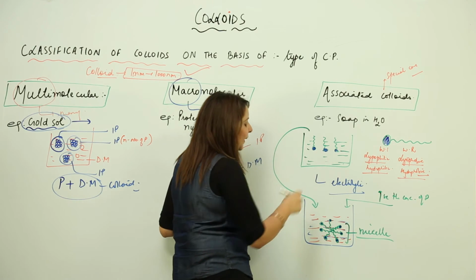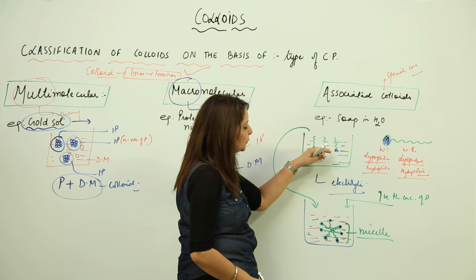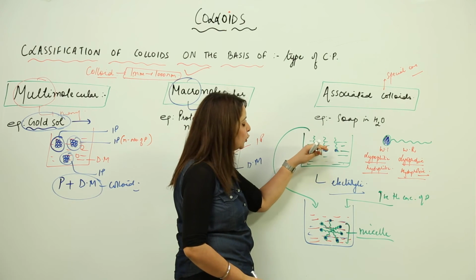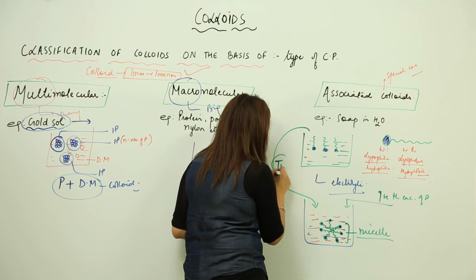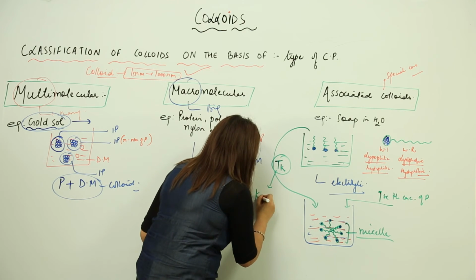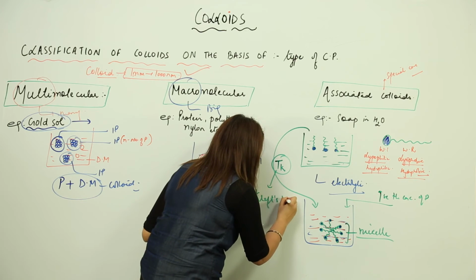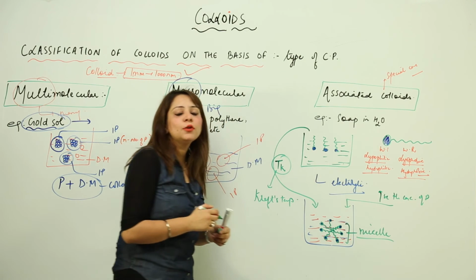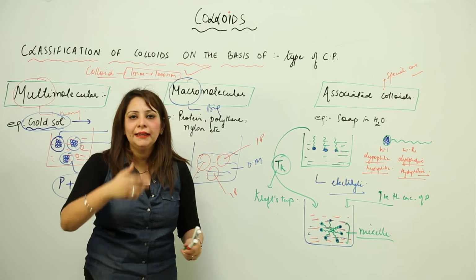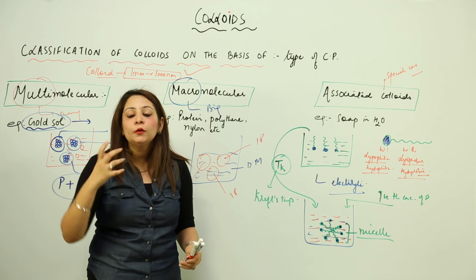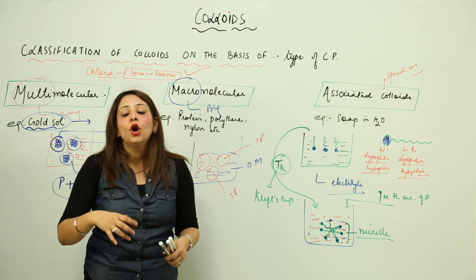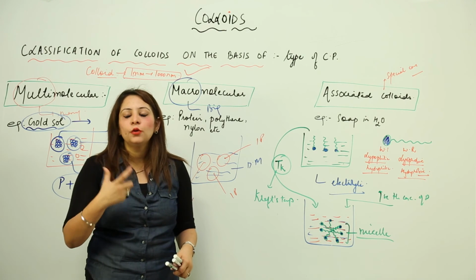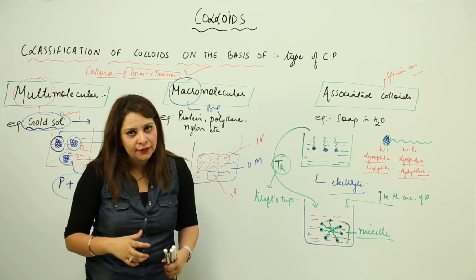The temperature at which these particles, initially behaving as an electrolyte, convert into a micelle, that temperature is called Tk. What is Tk? It is Kraft's temperature. So if somebody asks you about Kraft temperature, just say that it is a temperature at which the electrolyte transforms into a colloid or a micelle because the concentration is being increased.